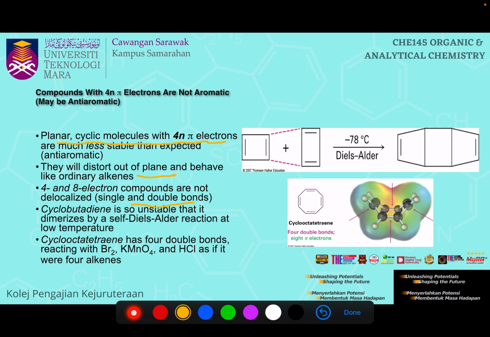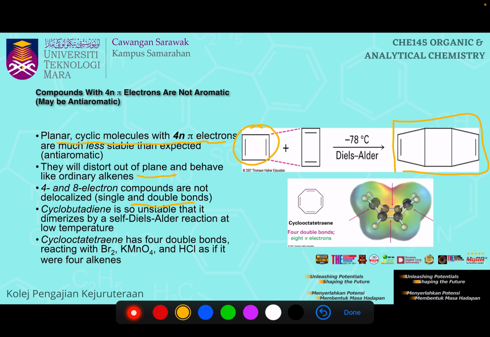single and double bonds. Cyclobutadiene is so unstable that it dimerizes by a self-Diels-Alder reaction at low temperature. So this is a very unstable compound, and it can dimerize itself to form another compound.